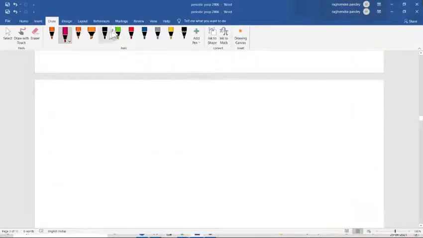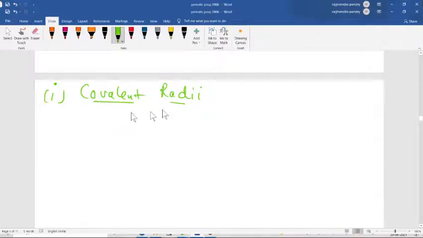Okay, so this one, the covalent radii. Now, what is a covalent bond, that you know, so I am not going to discuss it. Suppose there are two hydrogen atoms.